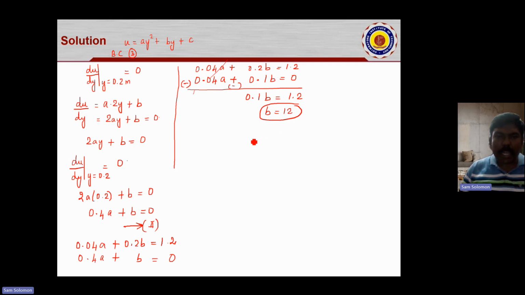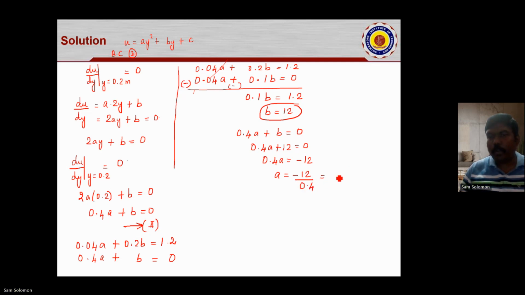So if I substitute that in the second equation where I have 0.4a plus b is equal to 0, so 0.4a plus 12 is equal to 0, or 0.4a is minus 12. And so a is equal to minus 12 by 0.4, or it would be minus 120 by 4, which is minus 30. So a is minus 30.